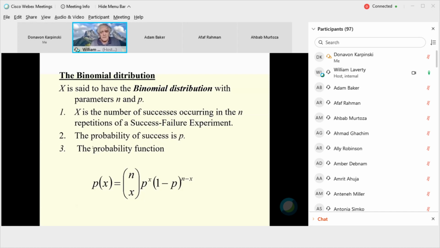You can derive the probability of each possible value of x. The possible values of x are the integers 0, 1, 2, up to n. The probabilities of those values are computed by this formula: n choose x, p to the x, 1 minus p to the n minus x.